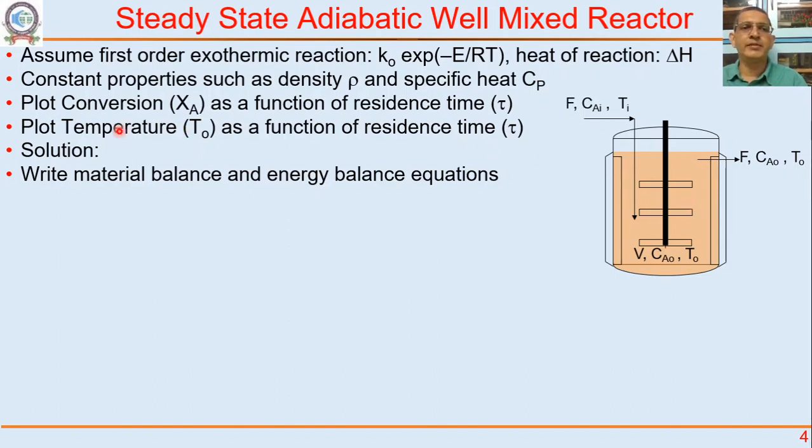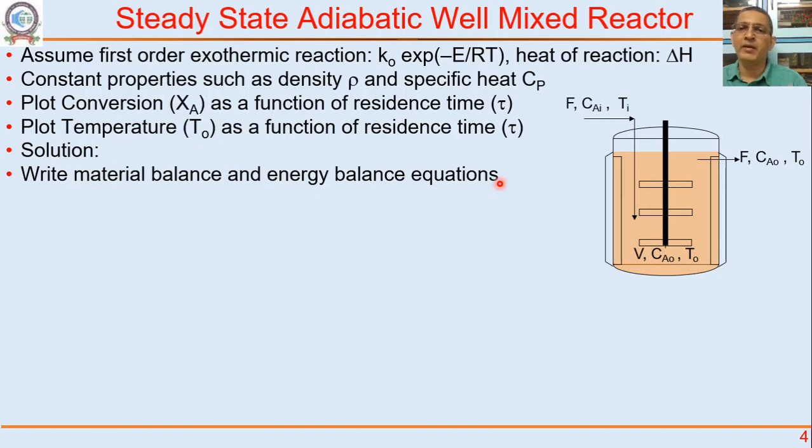What I want you to do is plot conversion in the reactor XA as a function of residence time in the reactor, tau. Also plot this outlet temperature T out, T0 if you like, as a function of residence time tau. Just to get you started, we have written material and energy balance equations in the last class as well.